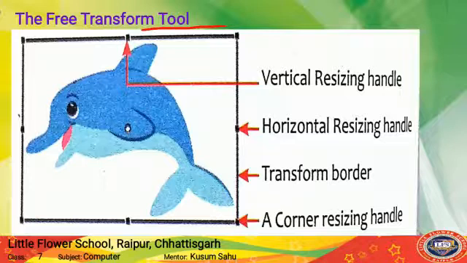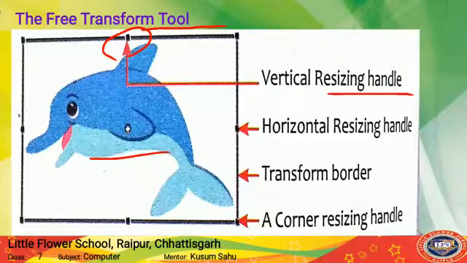Stage means the area where we draw the picture. So how will we do that? Here you can see the vertical resizing handle. We will use this to resize our picture, this particular picture.